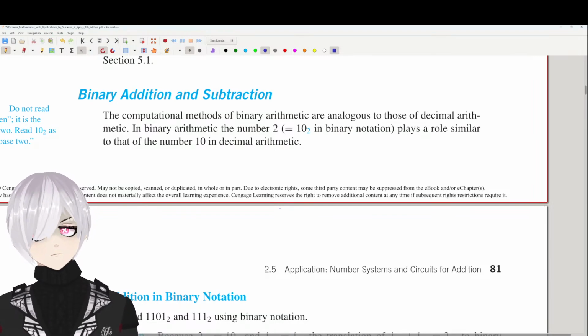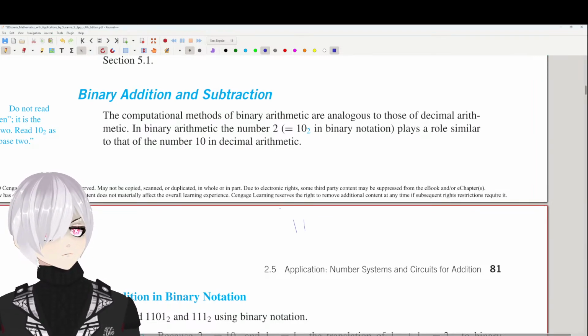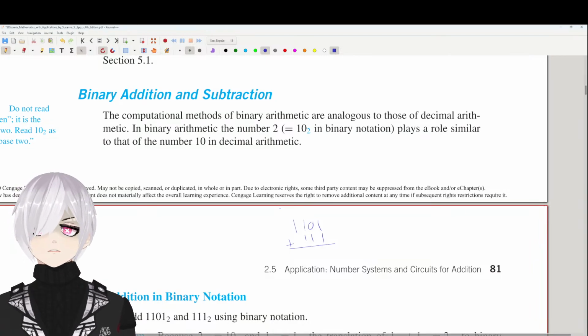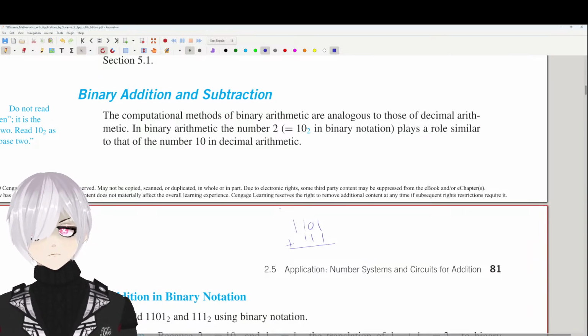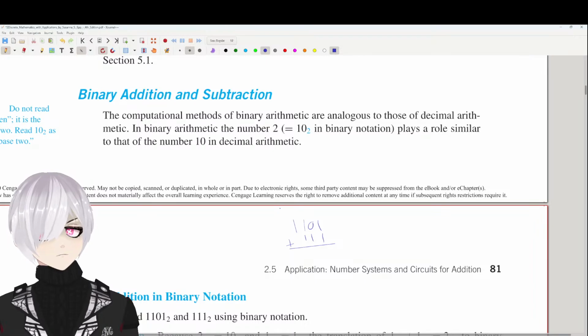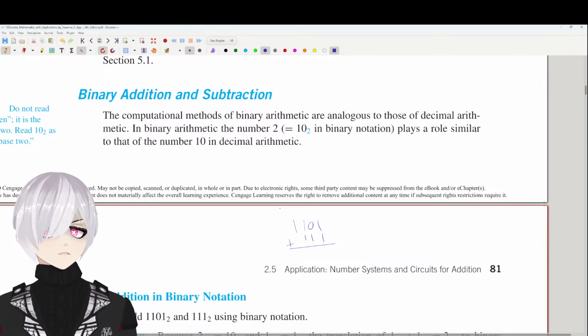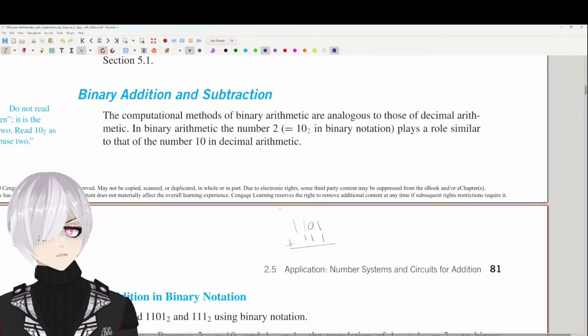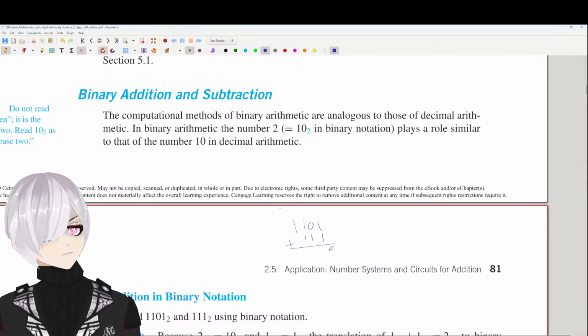My first guess would be to add it the way you might add in decimal, except you carry the 1 after the sum of each column exceeds 1 as opposed to exceeding 9.